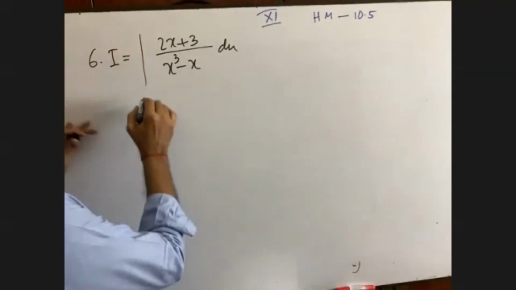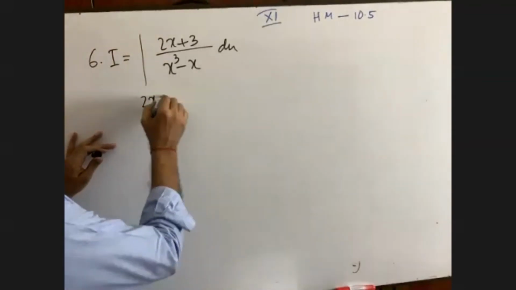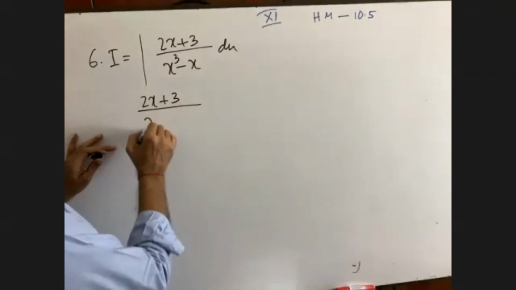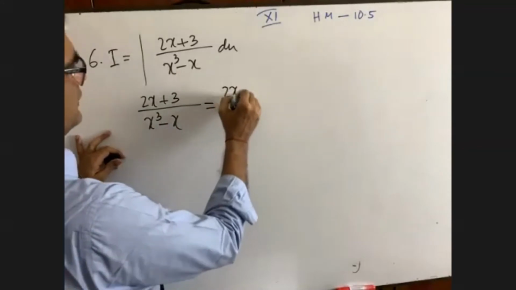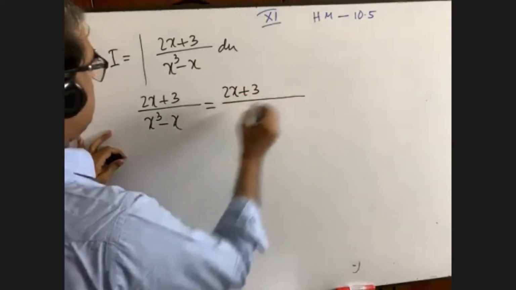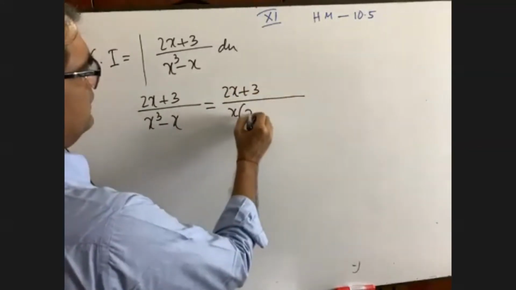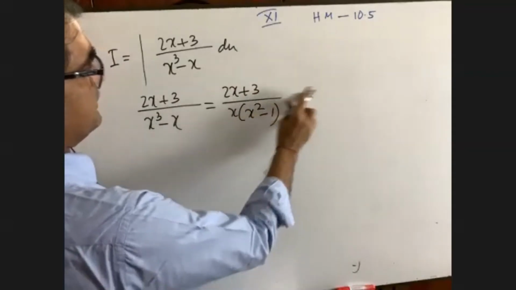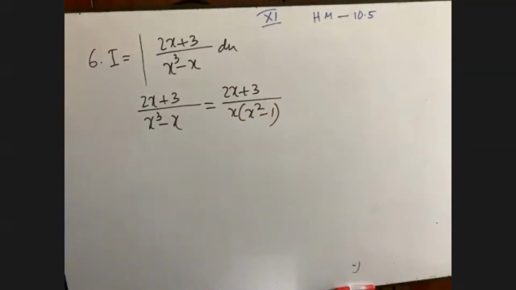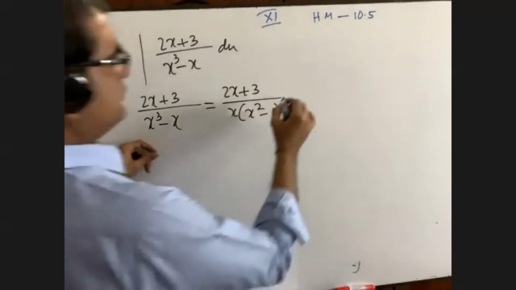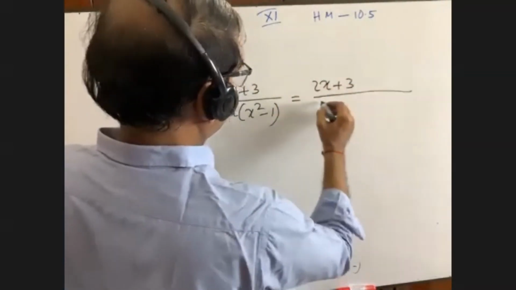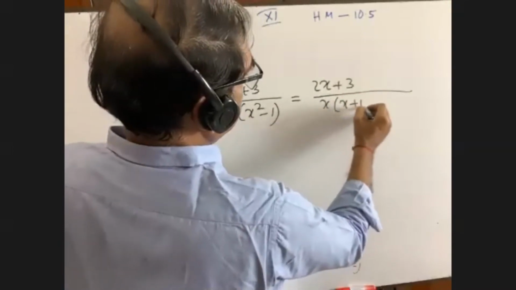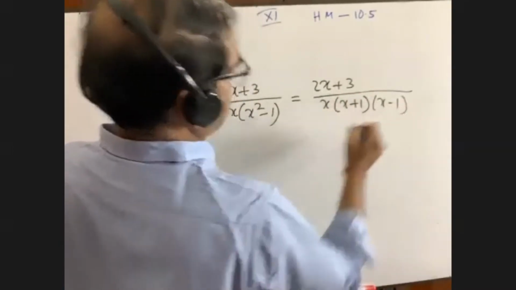Write down. We get 2x plus 3 by x cube minus x, which can be written as 2x plus 3, with x taken common, x square minus 1. That means we are getting here 2x plus 3 by x into x plus 1 into x minus 1.